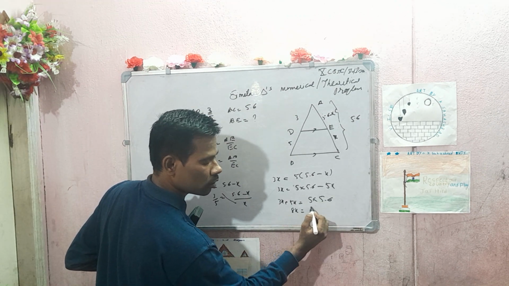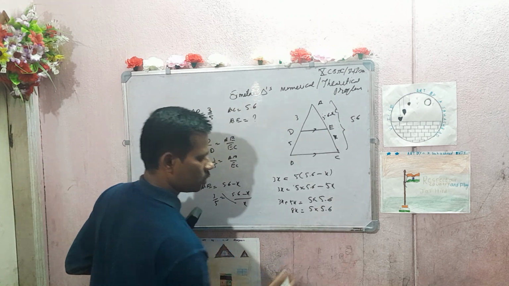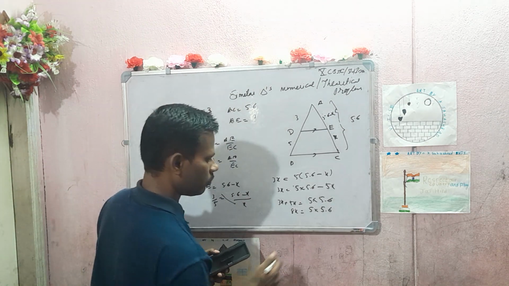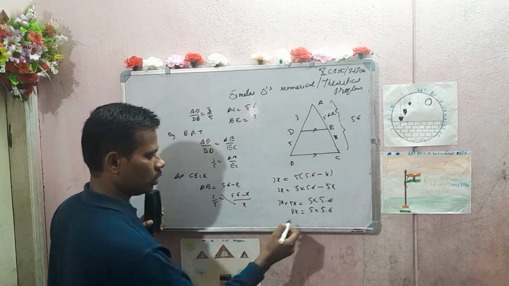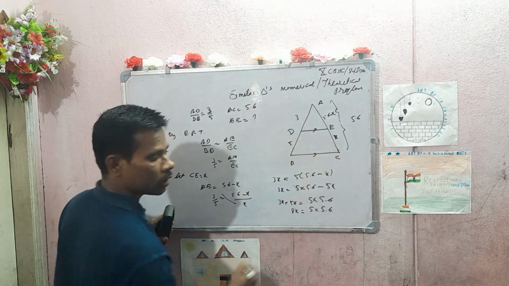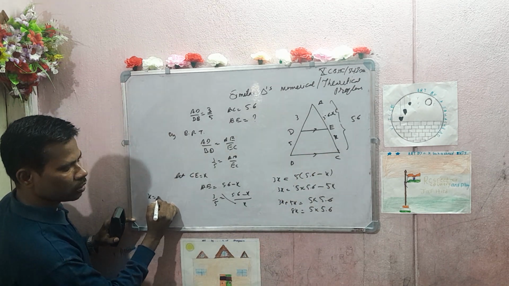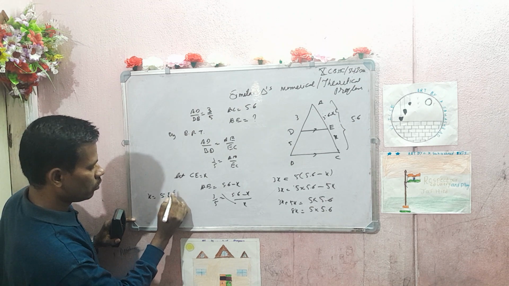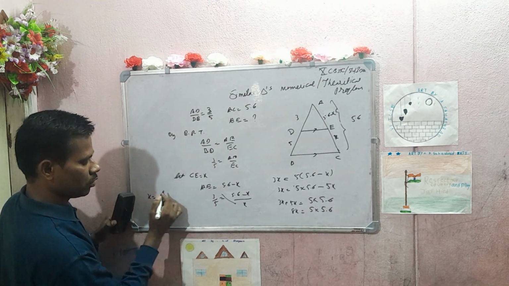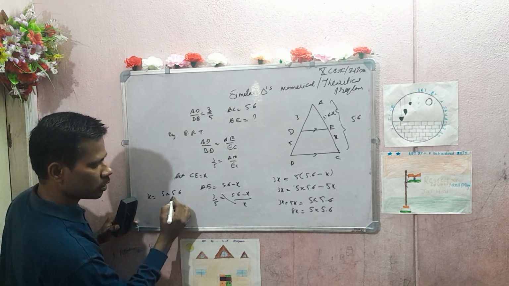It is 8x is equal to 5 into 5.6. Next, calculate the x value from this. x is equal to 5 into 5.6 by 8.